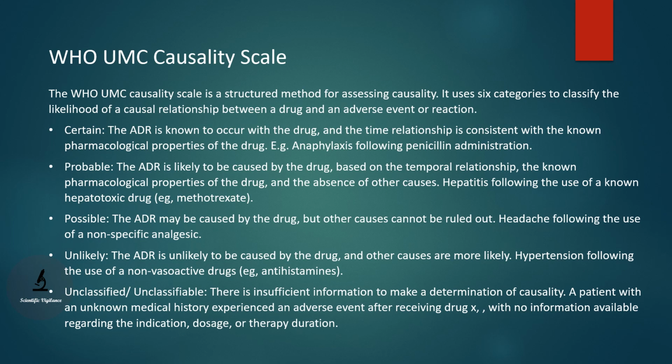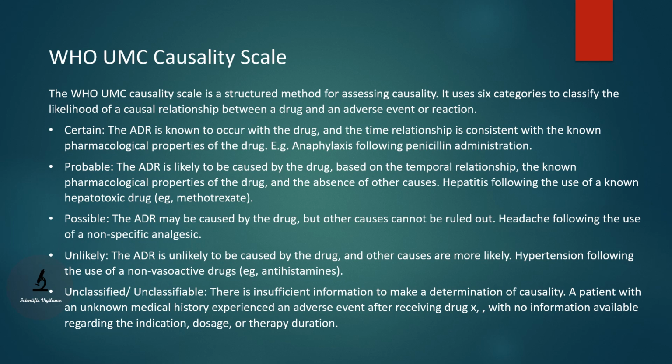The WHO UMC causality scale serves as a structured method meticulously designed to assess causality. It categorizes the likelihood of a causal link between a drug and an adverse event into six distinct classifications.